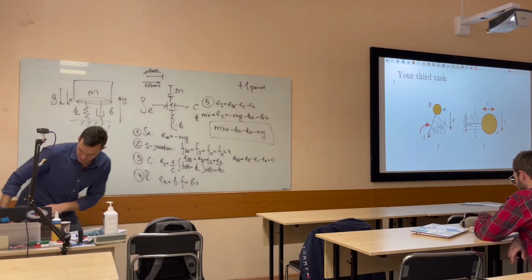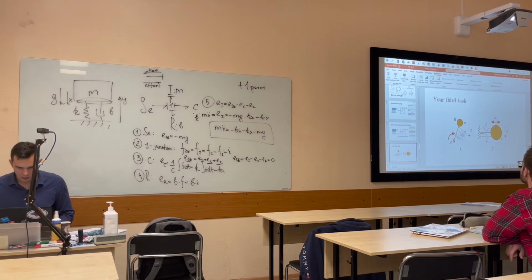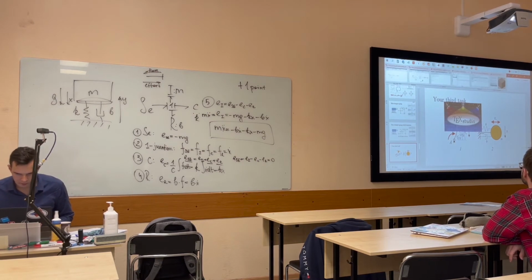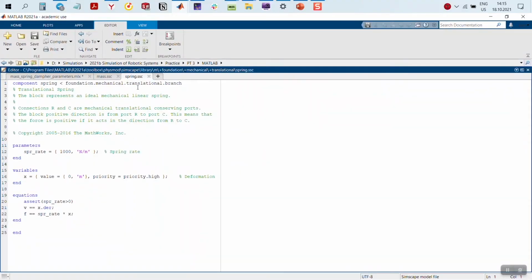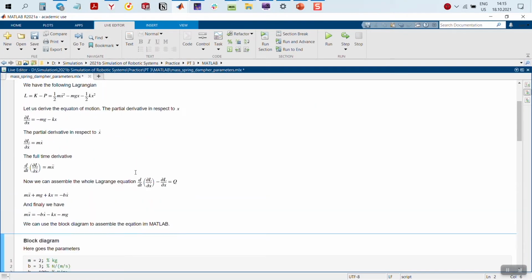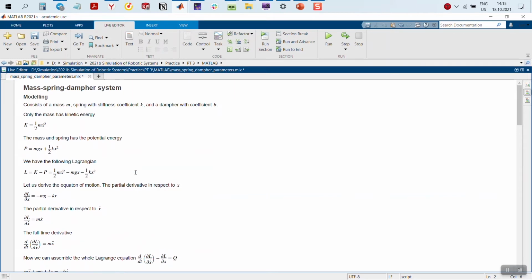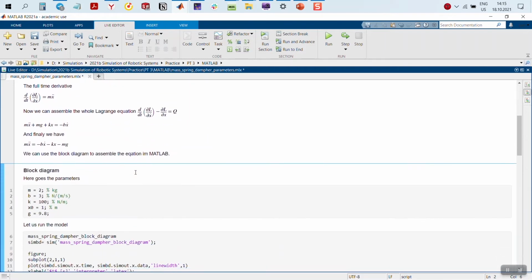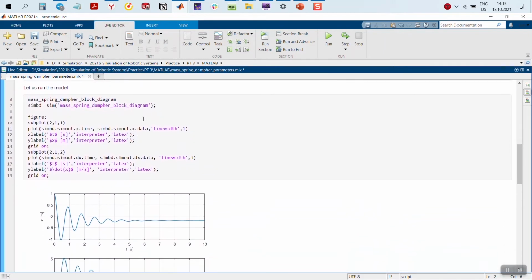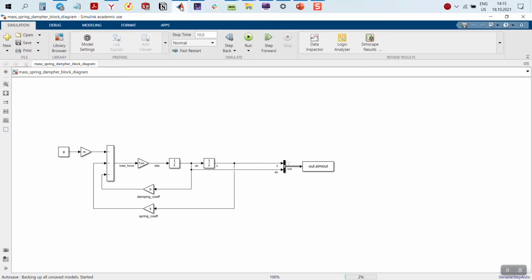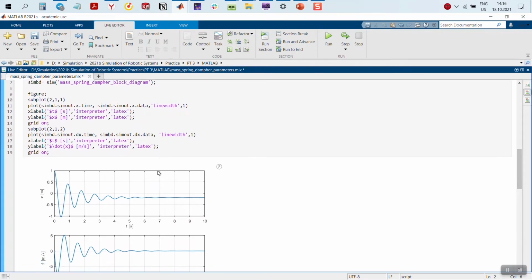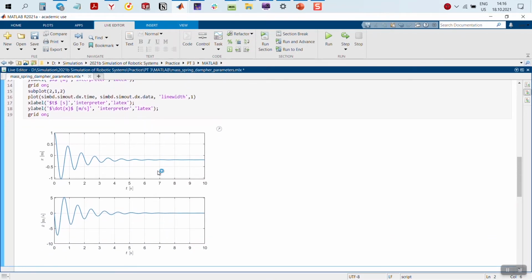So let us consider once again the script. So here it's like an example of a report. Here you can see the whole derivation for the model that we considered. Then there is a script to open the simple model with the Simulink blocks, and here you can see some graphs for the position and velocity.